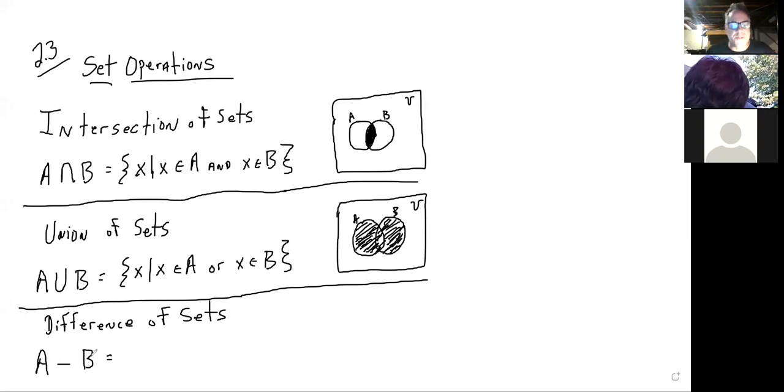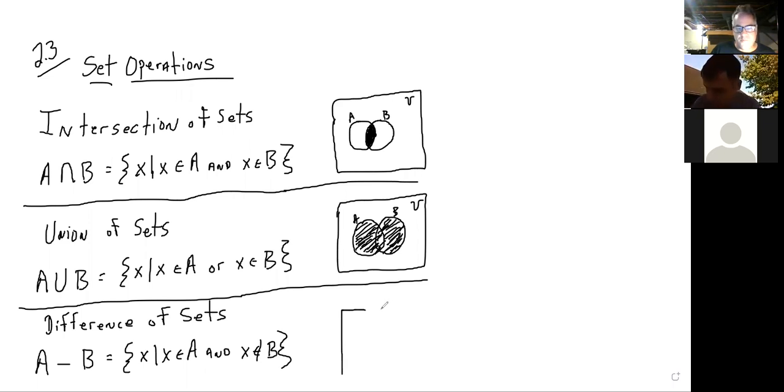Now, this is actually read A not B, and it's right in those words that we can figure out what elements are going to belong to this set. So A not B: we want all the elements X such that X is an element of the set A, and that it is not in B. That is, if I see A not B, give me everything that's in A, except I'm going to toss out the ones that also are in B.